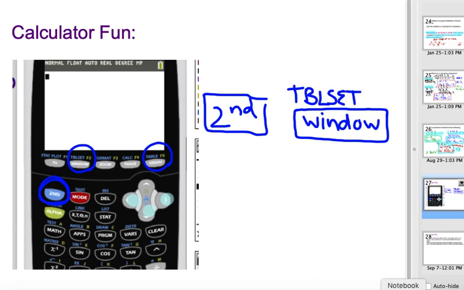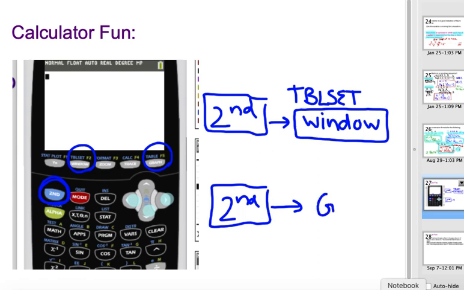And then another thing we're going to use is that second button again. After we hit second, we're going to hit the button on the right that says graph. You can see there's little type right above that that says table.